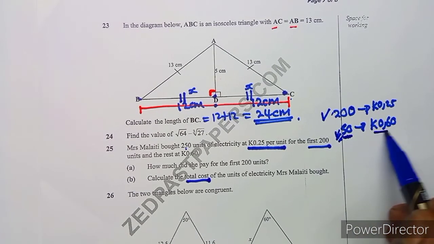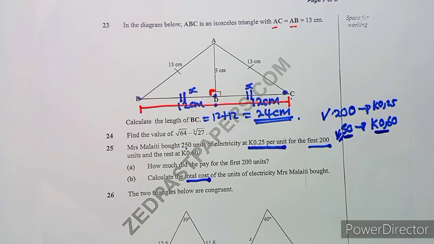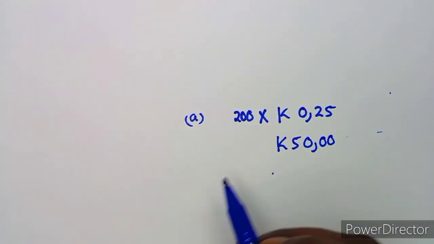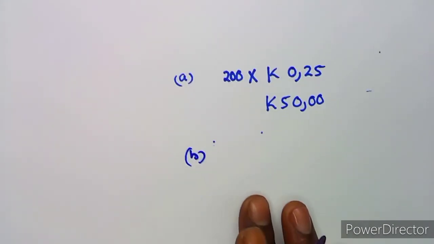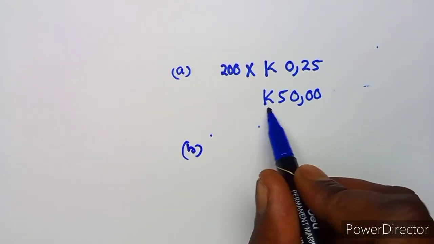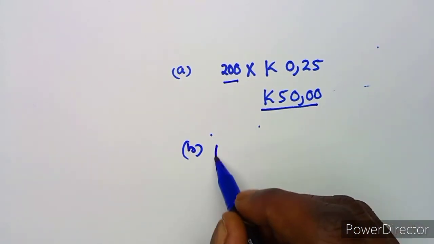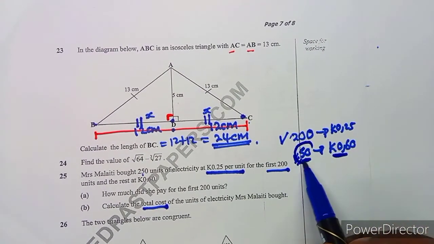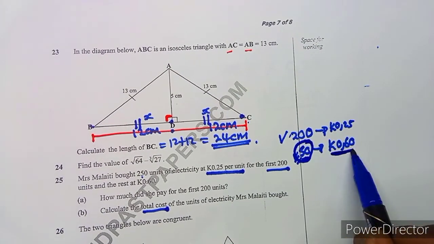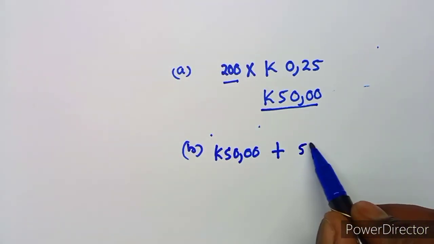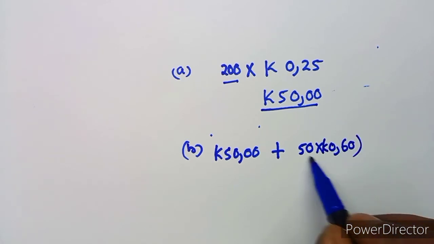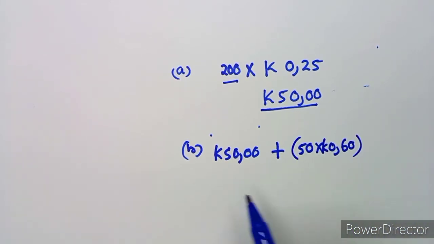So the total is going to be this: already we calculated for 200 units, we obtained 50 kwacha, plus the remaining, which is 50 units at 0.60 kwacha. So it's 50 times 0.60 kwacha.